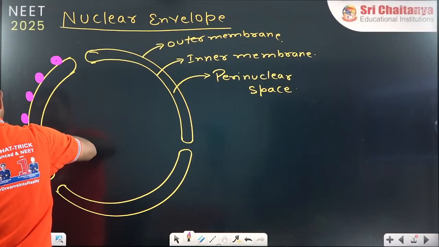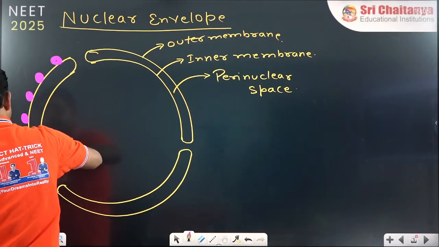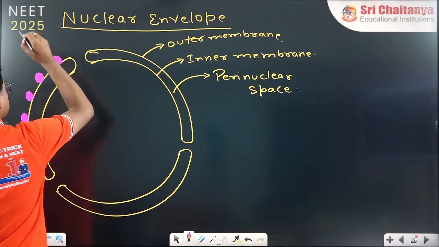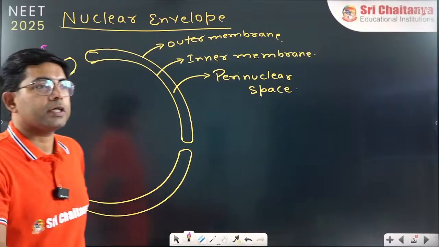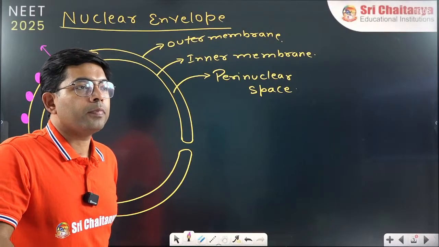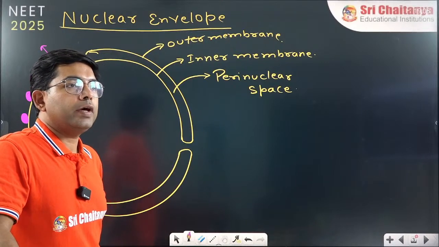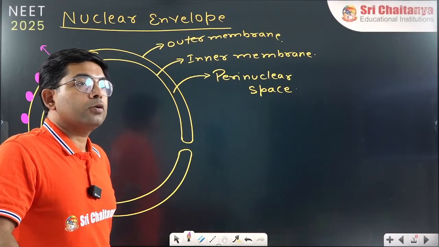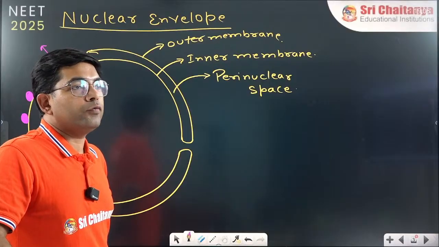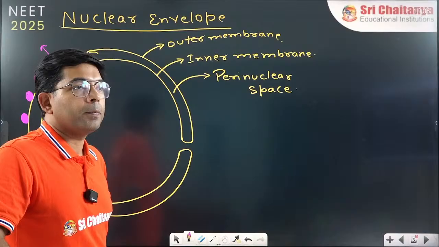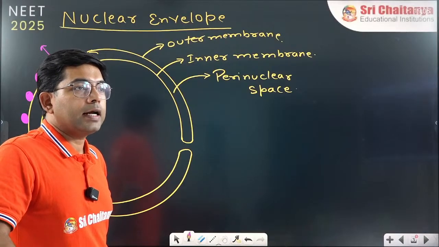Quickly tell me what this structure is. Very good. Shakuntala is telling it is ribosome. Sai is telling it is ribosome. Chandrika, ribosome. Very good. Venkata, ribosome.